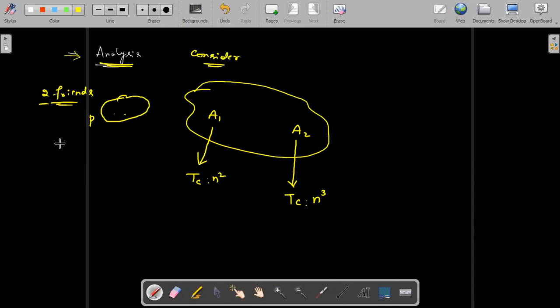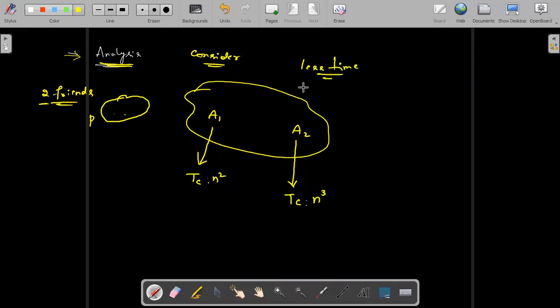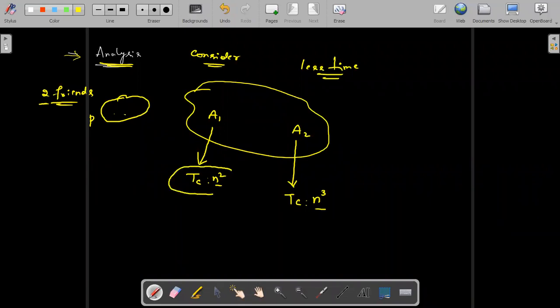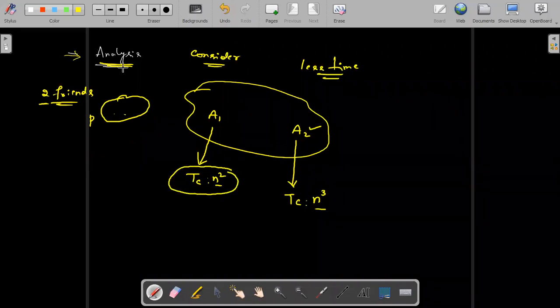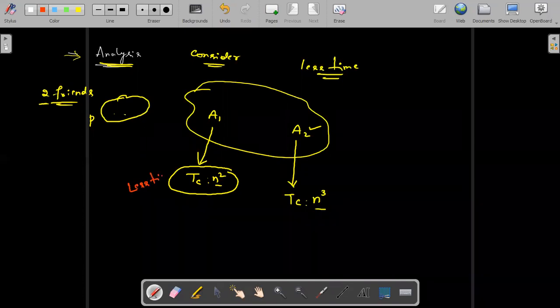Now, when you are executing any algorithm, we know very clearly it should take very little time, not more. When you consider n square and n cube, which is more in terms of time? n square is very small compared to n cube. So the n square algorithm, A1, is better compared to A2, because it executes in less time compared to n cube.